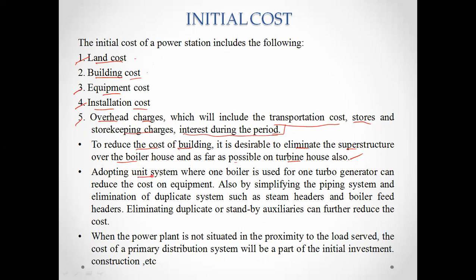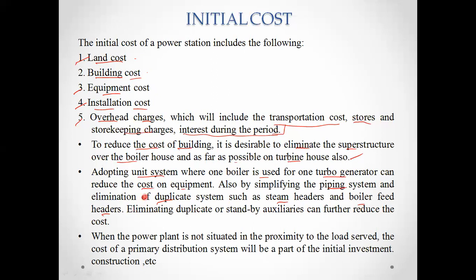Then we can adopt the unit system where one boiler is used for one turbo generator, and that can reduce the cost of equipment. We can also use a simplified piping system and eliminate duplicate systems such as steam headers and boiler feed headers.